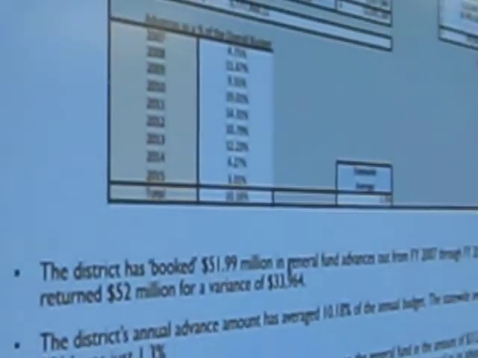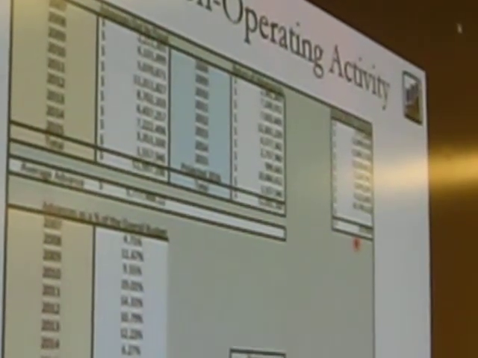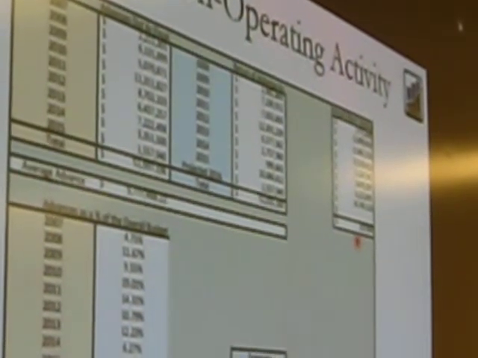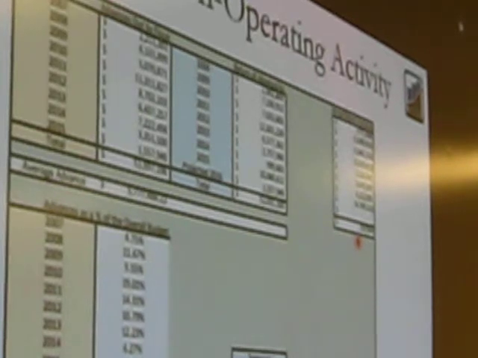We are reasonably comfortable that we've captured all of the advances, meaning that they're being brought back to the general fund, because if you look at that far right column, when we total all the advances out, and then all the advances back to the general fund, we're off by only about $33,000. What we wanted to make sure was there was not another $5 or $6 million out there that had not been advanced back in yet.